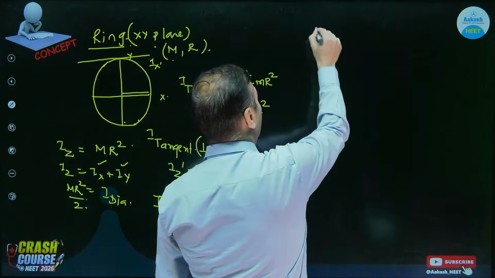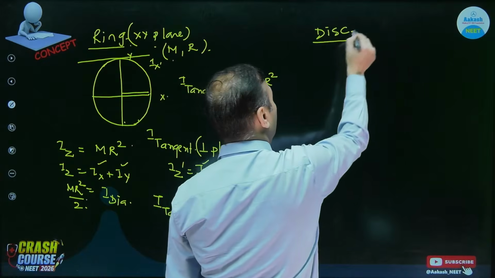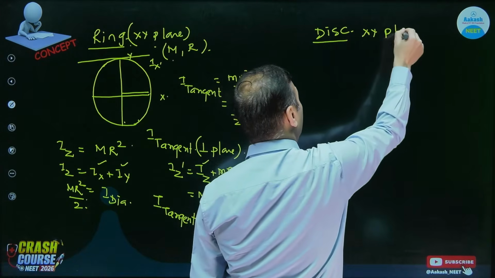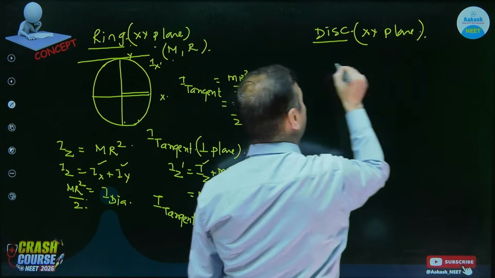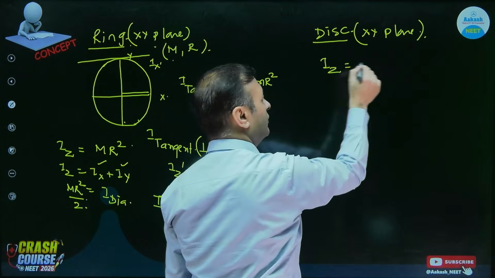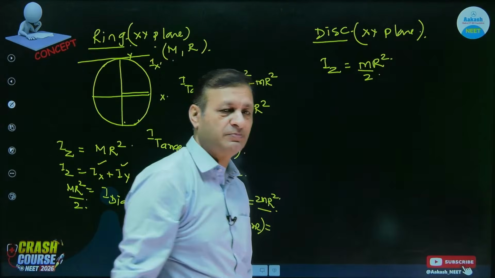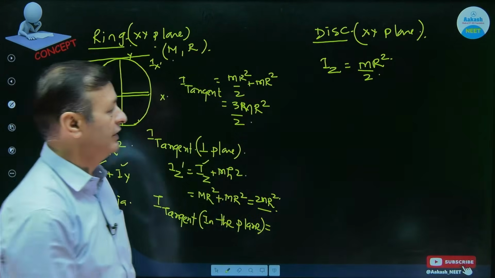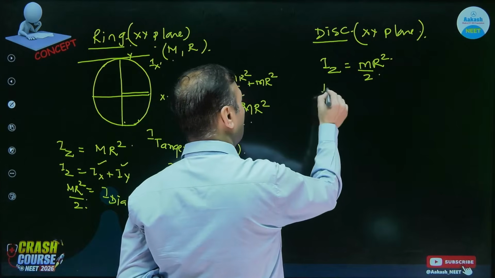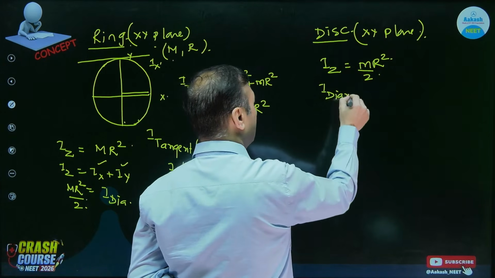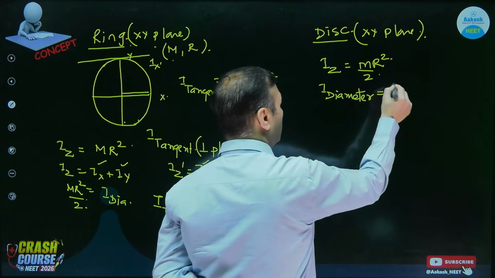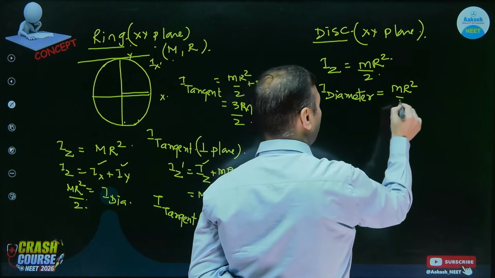Now instead of a ring, if you have a disk, again in the xy plane, then moment of inertia is mr square by 2 about an axis passing through its center perpendicular to its plane, and about one of its diameters is mr square by 4.